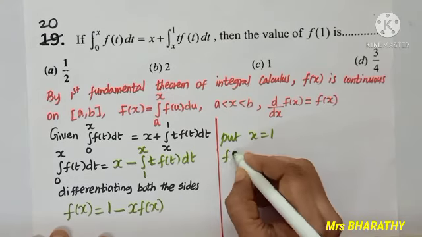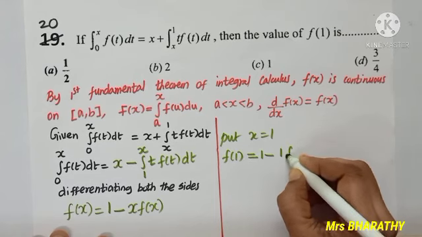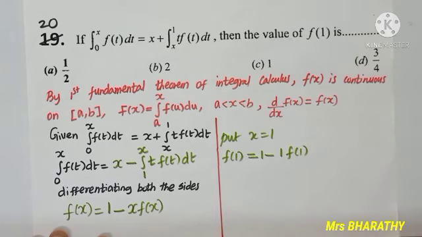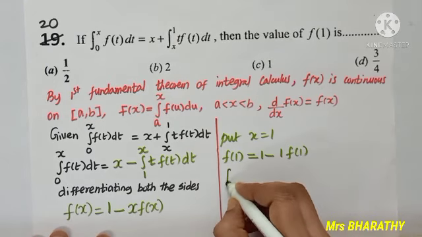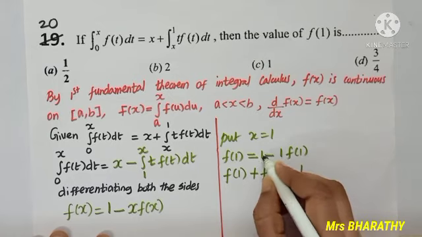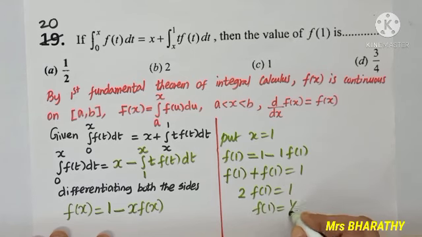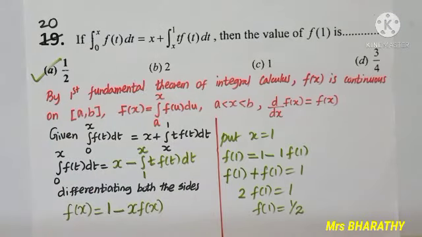As I substitute, f of 1 equals 1 minus 1 into f of 1. Bringing f of 1 to the left, f of 1 plus f of 1 is 1, or 2 times f of 1 is 1, or f of 1 is 1 by 2, and the right option is A.